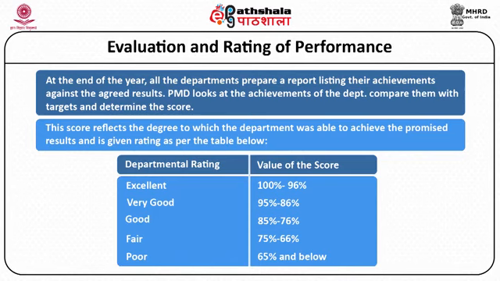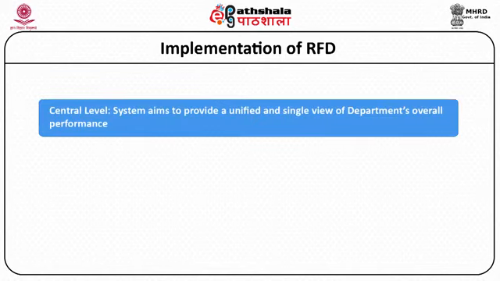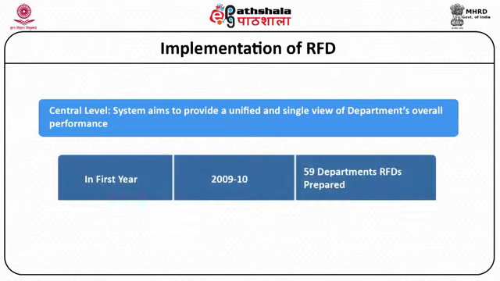Implementation of RFD. At the central level, the system aims to provide a unified and single view of the department's overall performance. In the first year, that is 2009-10, a total of 59 departments prepared the RFD document.